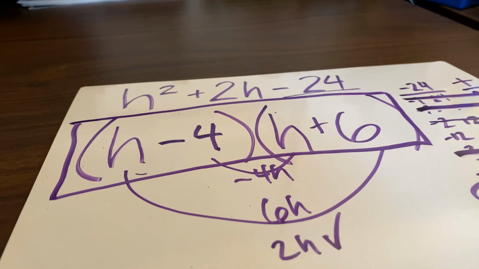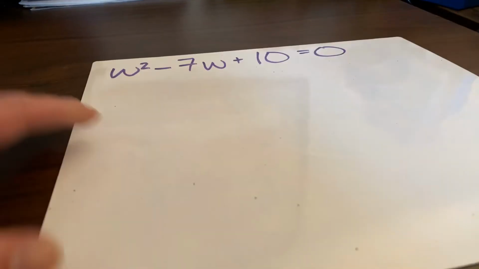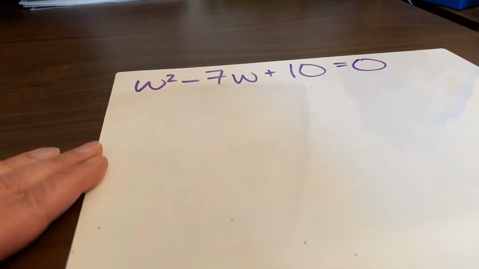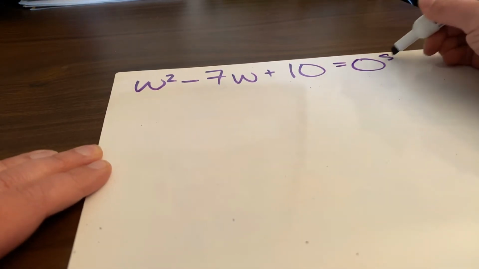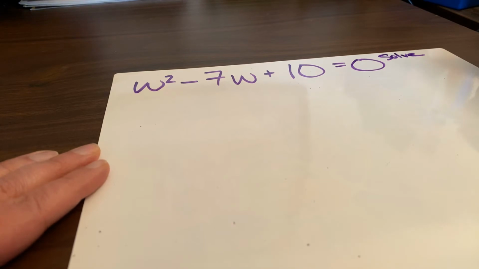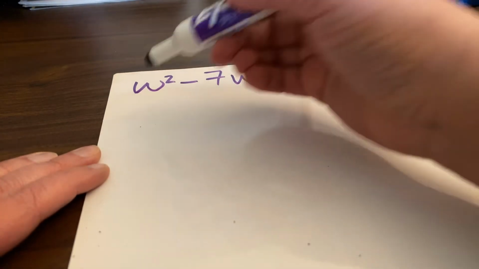Okay, we have one more problem. It says w squared minus 7w plus 10 equals 0, and we need to solve for w. We start by factoring these trinomials, right?